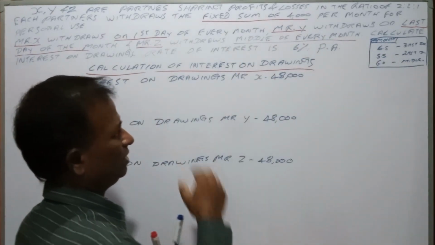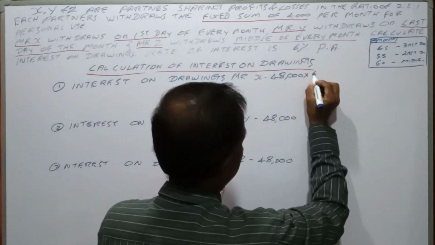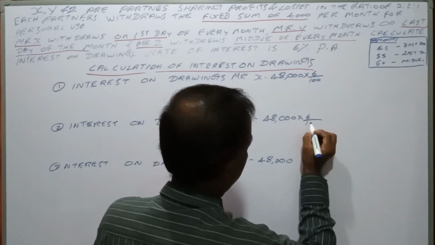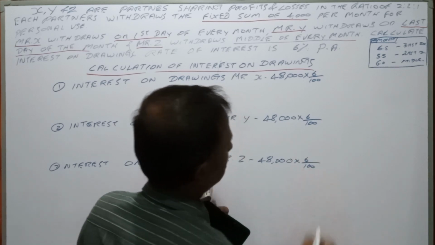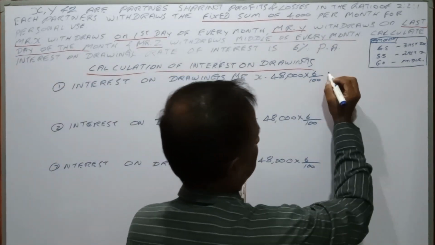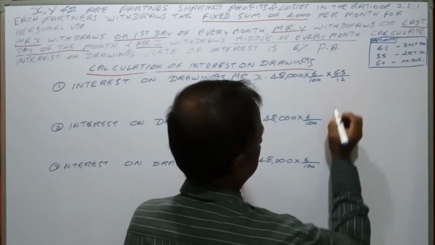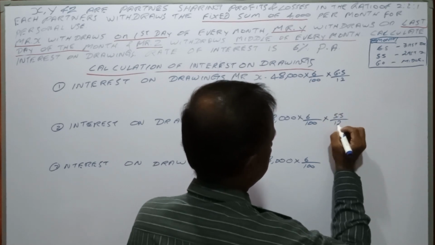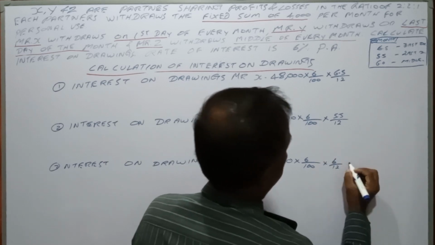So this is 48,000 into 6 percent, divided by 100. Now the number of months: 6.5 months out of 12, 5.5 months out of 12, and 6 months out of 12, you have to calculate.